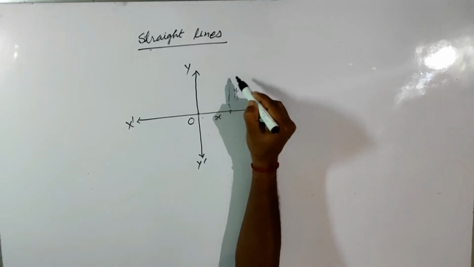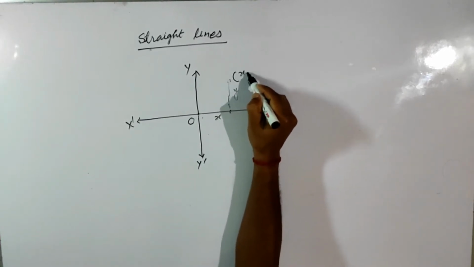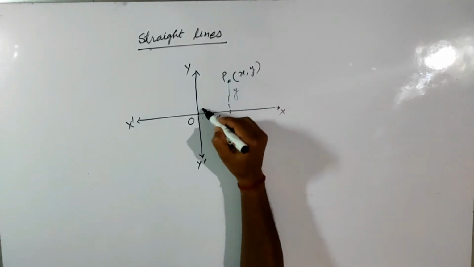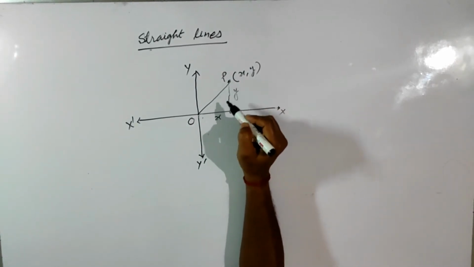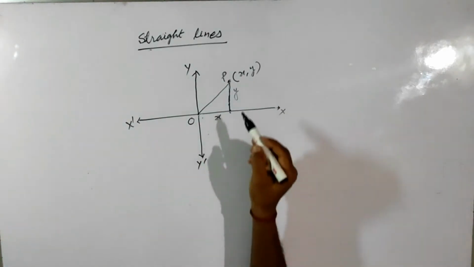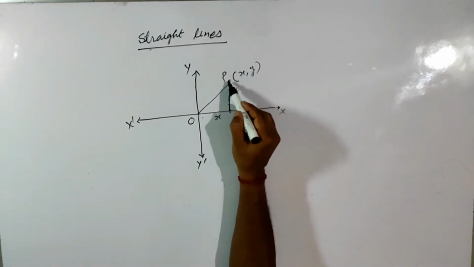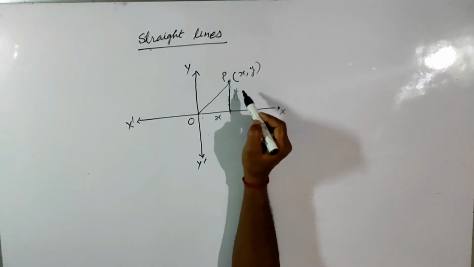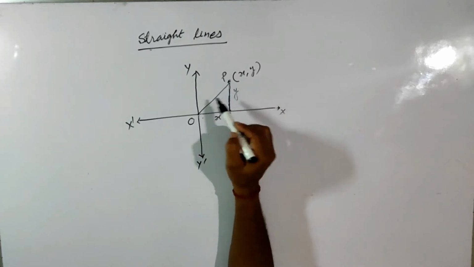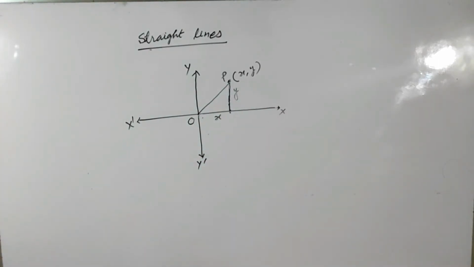Then this point can be represented as (x, y), consider it P, and join it from the reference point. The x and y coordinates of this point show the position of point P on a plane.